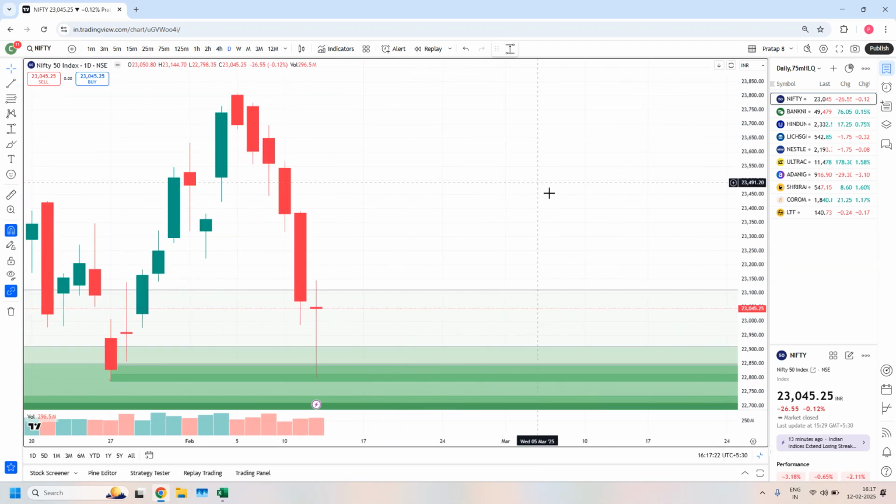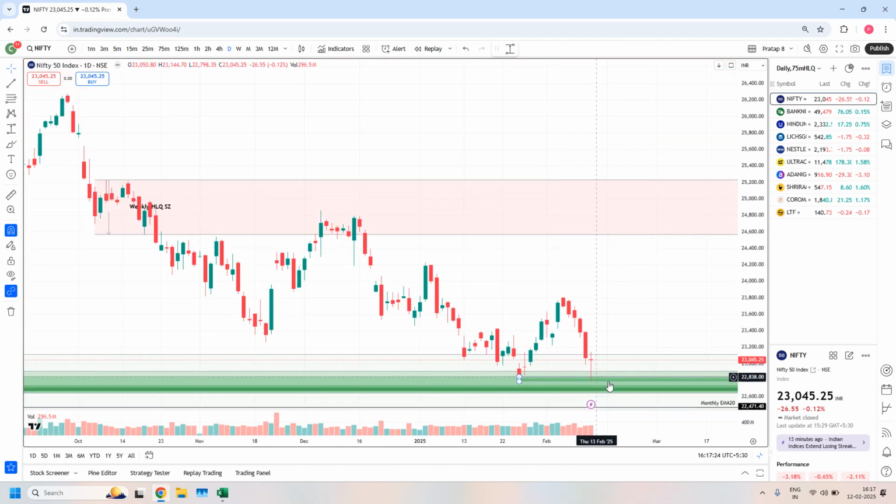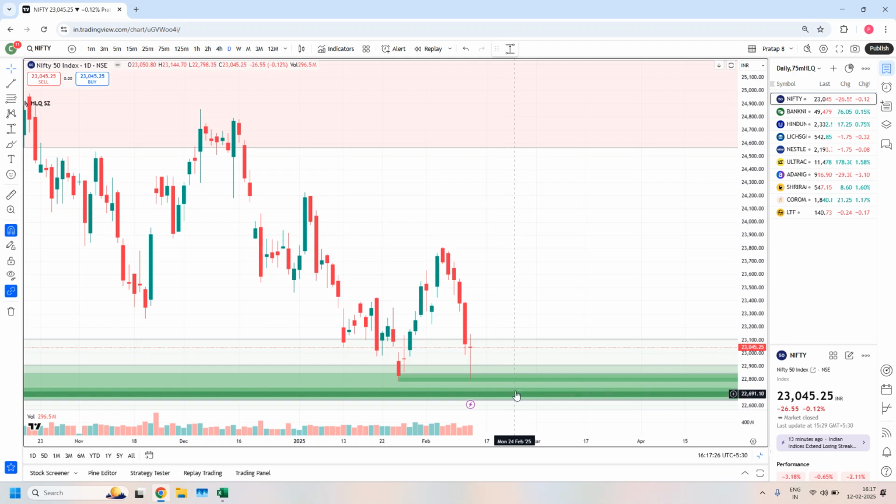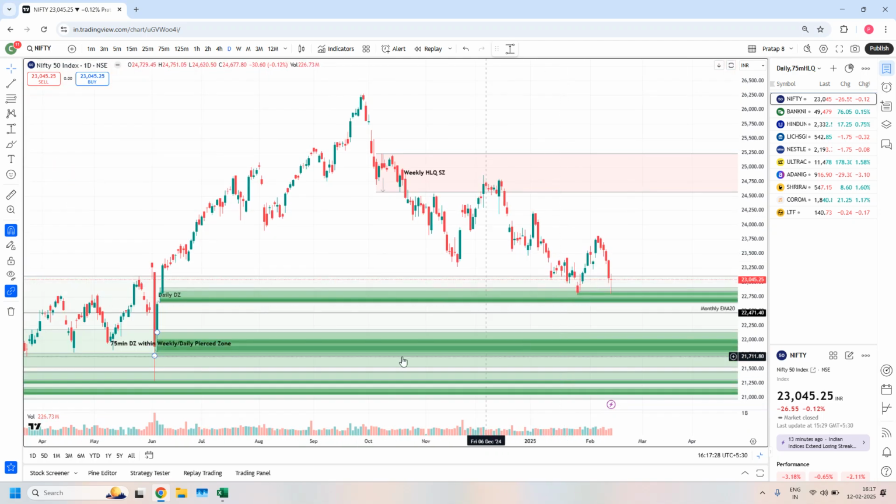Then institutions will decide. In case they decide to violate this zone and execute the lower, fine-tuned order flows, prices may move some more days and then come here, pick up the orders and start moving, and at that time the trend will change to uptrend and then a rally will start in the market.